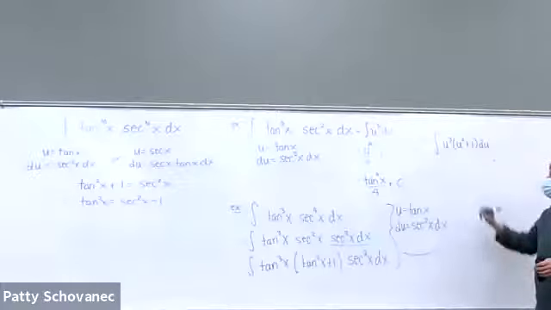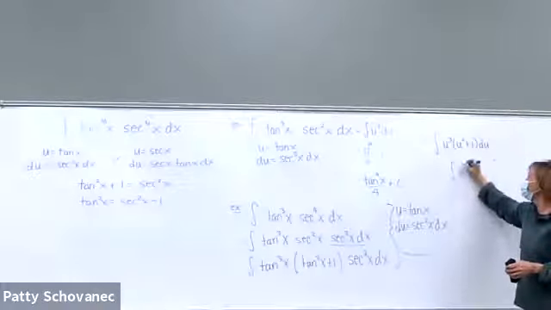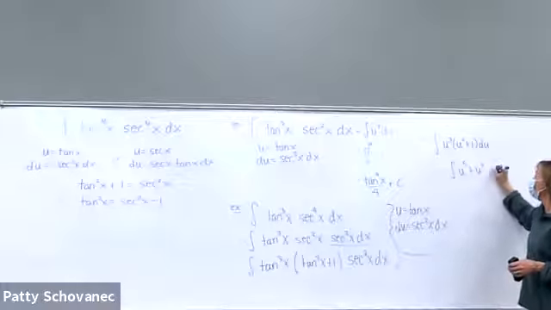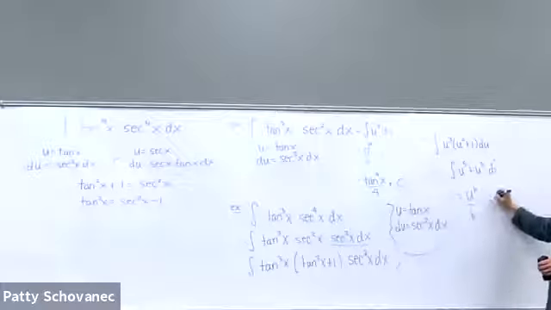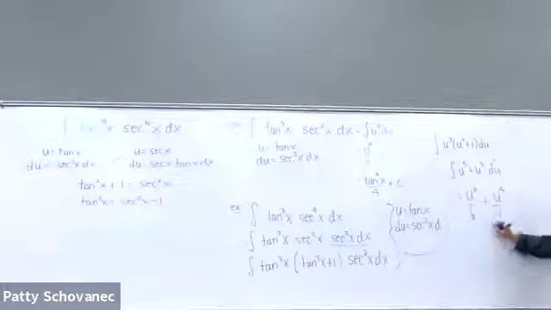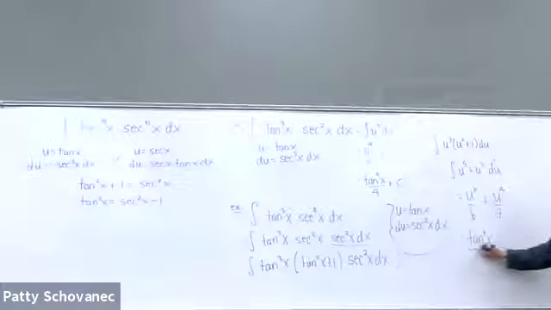Pull it out, integrate, and you're done. Tangent to the 6th of x over 6 plus tangent to the 4th of x over 4 plus c.